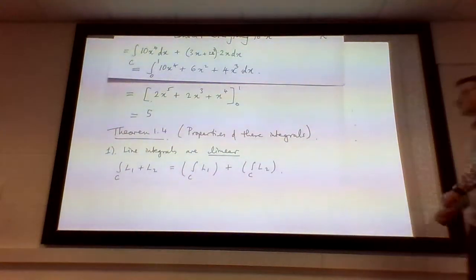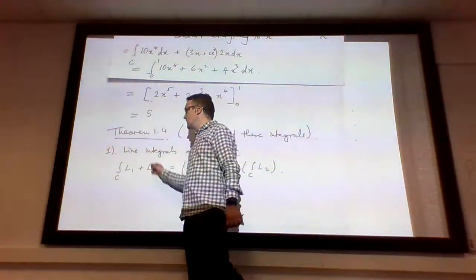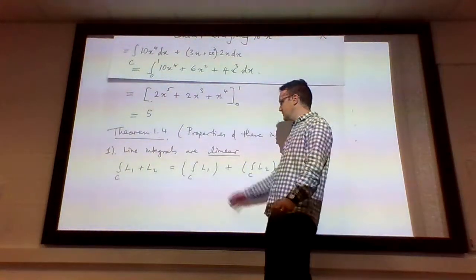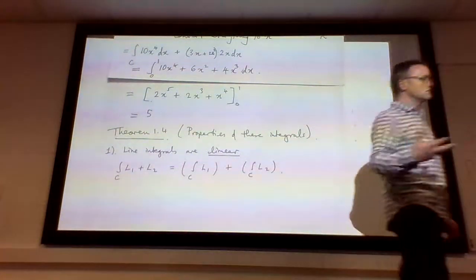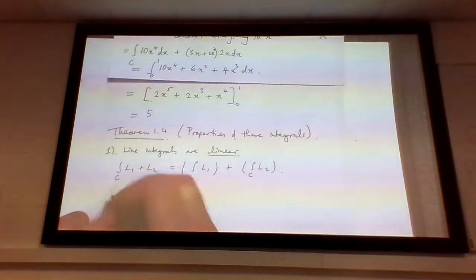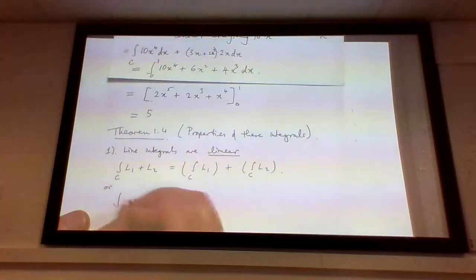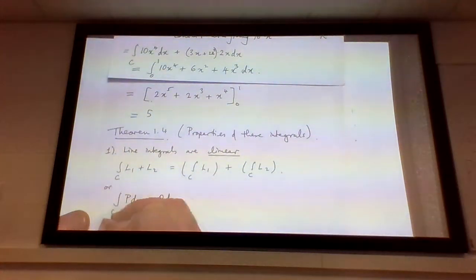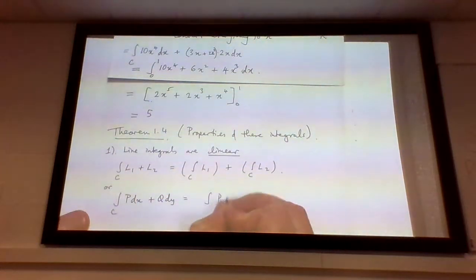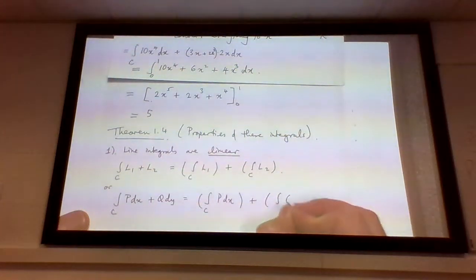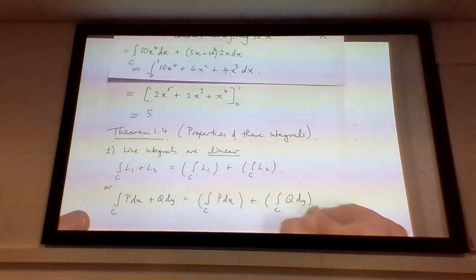So when your linear differential form is itself a linear combination of two other ones, the process is linear. You can integrate the first one and then add it to the integral of the second one. Or like it's written in the notes, you can integrate your linear differential form p dx plus q dy over curve C as just first the integral of p dx over C, and then plus the integral of q dy over the curve C as well.